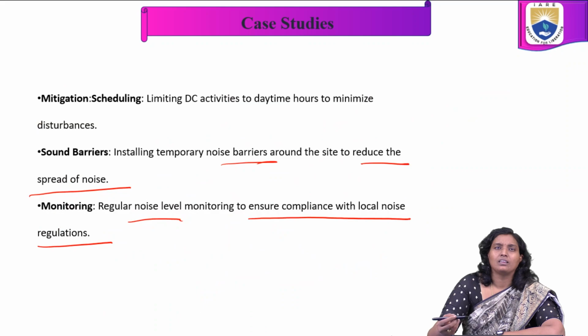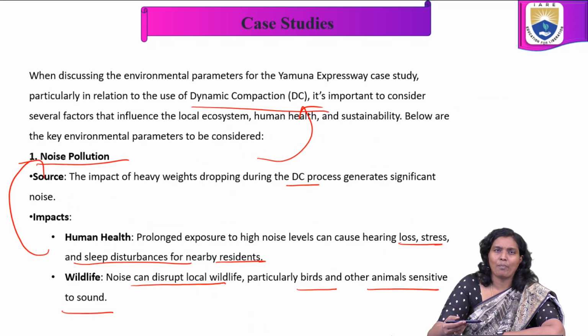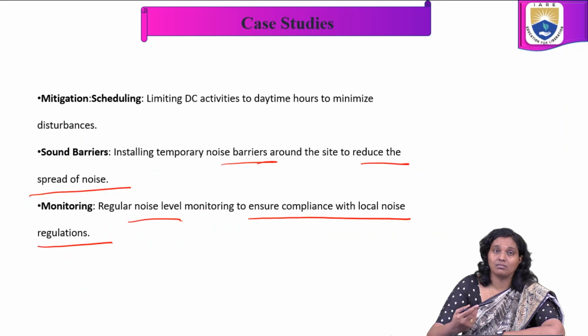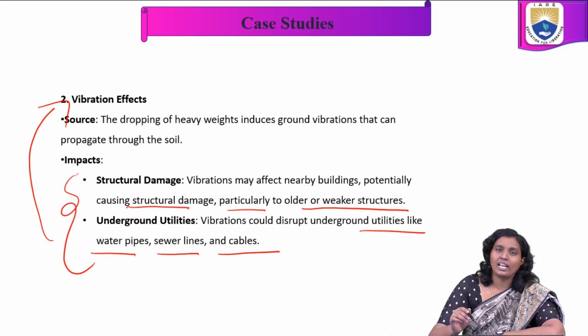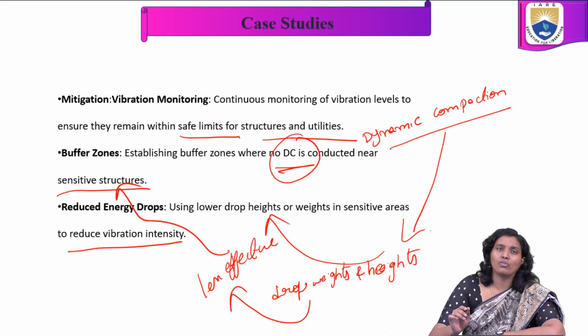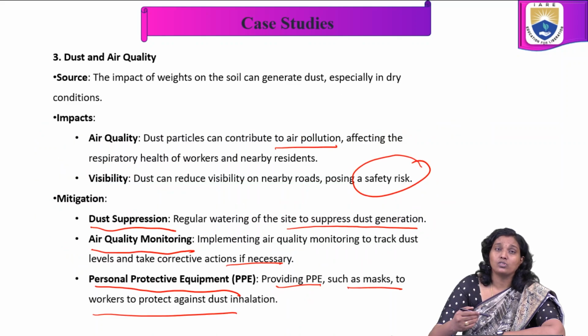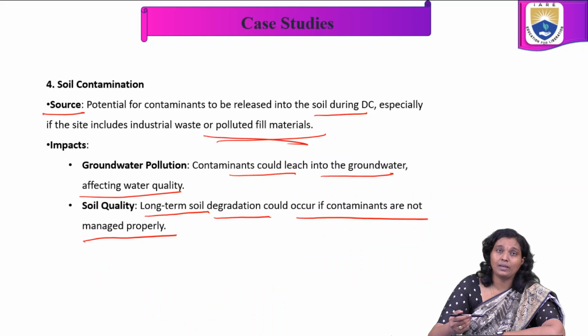Till now, because of dynamic compaction, we have understood noise pollution affecting human health and wildlife, structural damage nearby, underground utilities, air quality and visibility, groundwater pollution, and soil quality.